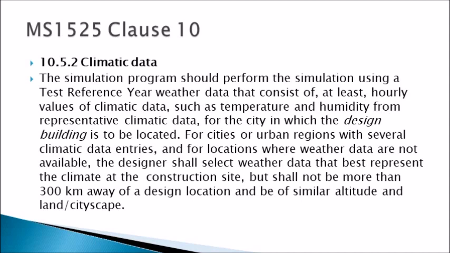So the climatic data should represent a typical year, right? We call it test reference year, and the climatic data should have the information of hourly values. That means for every hour, the temperature, the humidity, the wind speed, and so on and so forth should be included in the weather data.